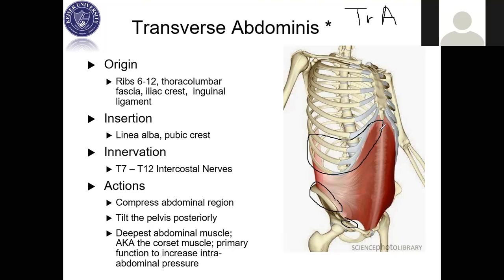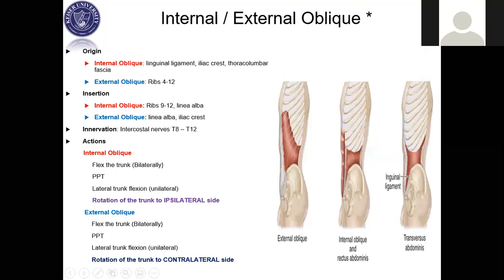But again, the important part that you need to know for transverse abdominis, deep core muscle, it helps with increasing intra-abdominal pressure. Again, it has a low origin and a higher up insertion. I'm starting to get the idea of this.